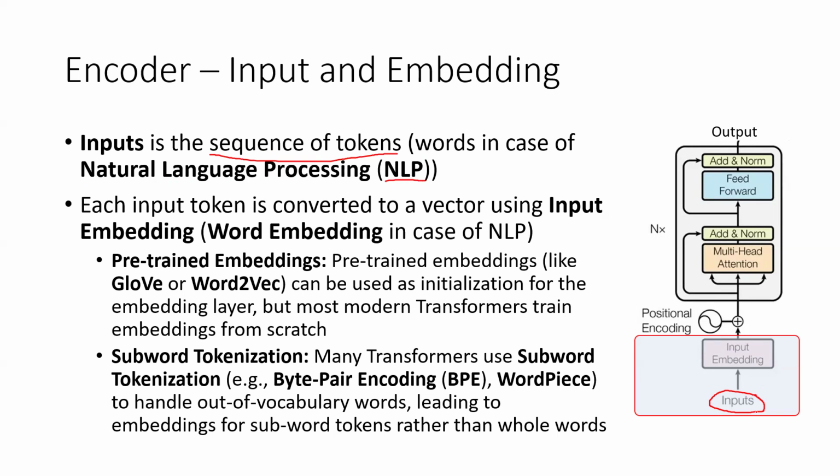Because we can't use the exact sequence of words in natural language in the neural network, we have to encode them using input embeddings. We have discussed what embeddings are. It's known as word embeddings, used in natural language processing, where we can encode each word with a certain vector which we have found, right?